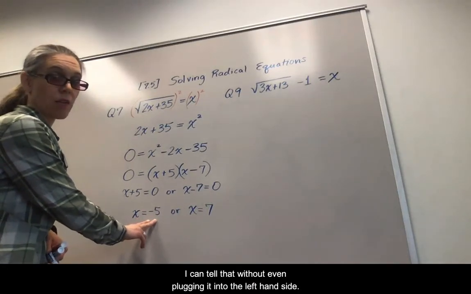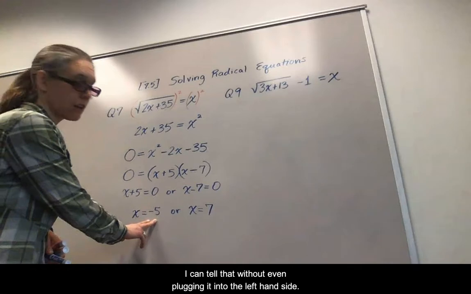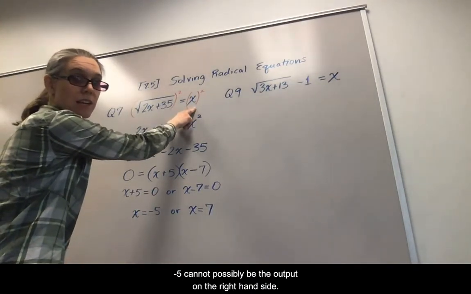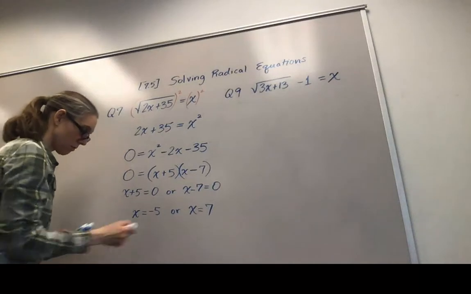I can tell that without even plugging it into the left-hand side. A -5 cannot possibly be the output on the right-hand side. Look.